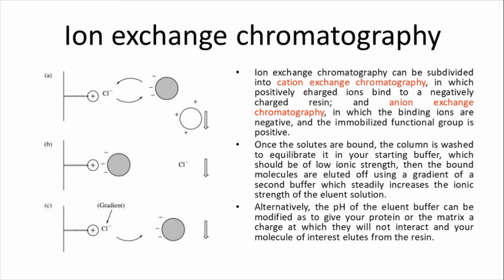This ion exchange chromatography is effectively used for separation of proteins. Regarding that, ion exchange chromatography is divided into cationic exchanger chromatography and anionic exchanger chromatography. What type of exchanger you are using, you can classify it based on that.